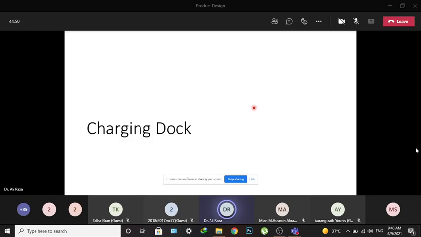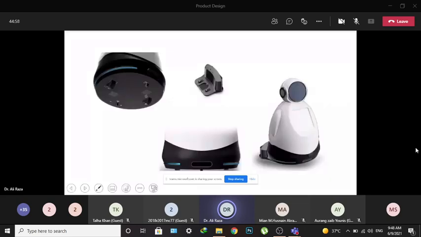Then let's move on to the charging dock. When the robot moves, it has to consume energy, and when it consumes significant energy, it has to go back and charge itself once again.